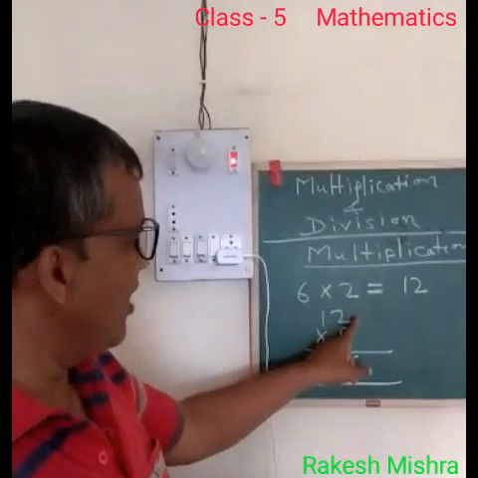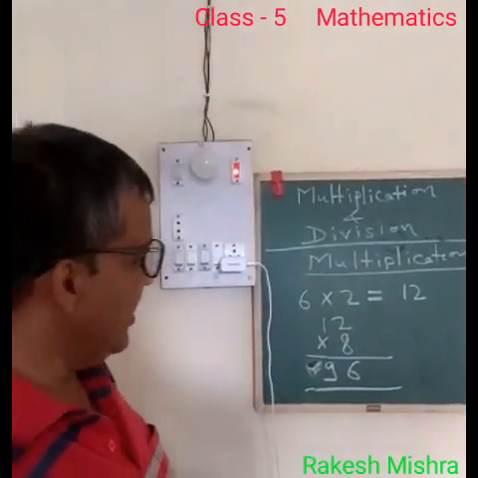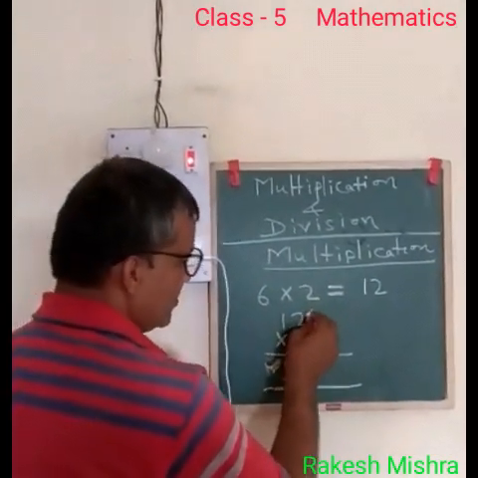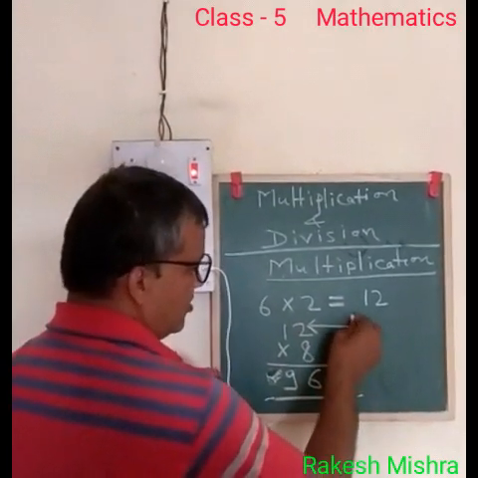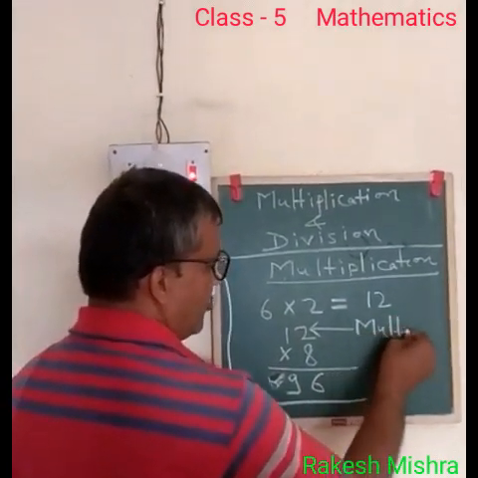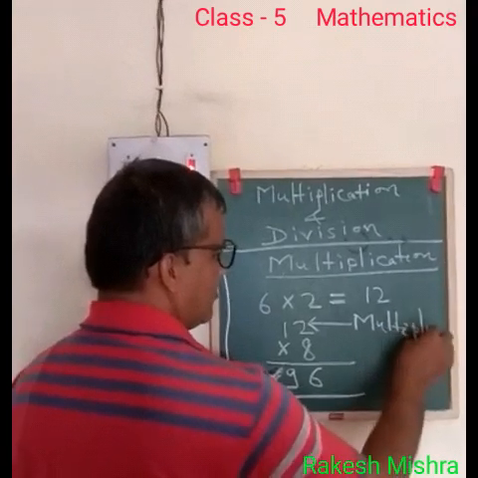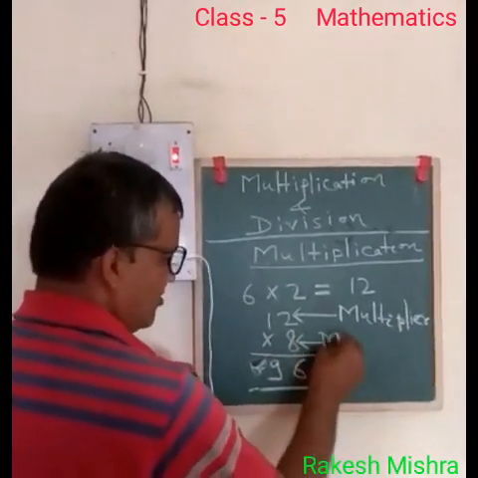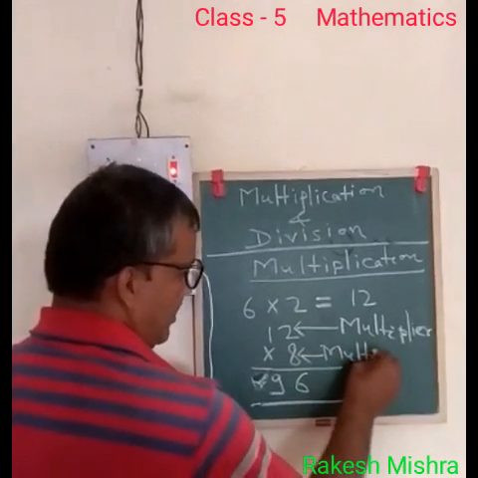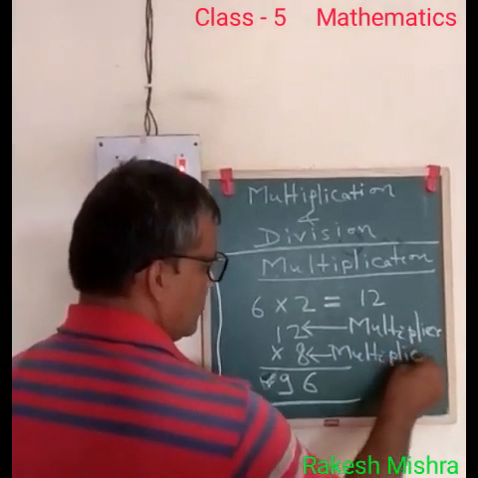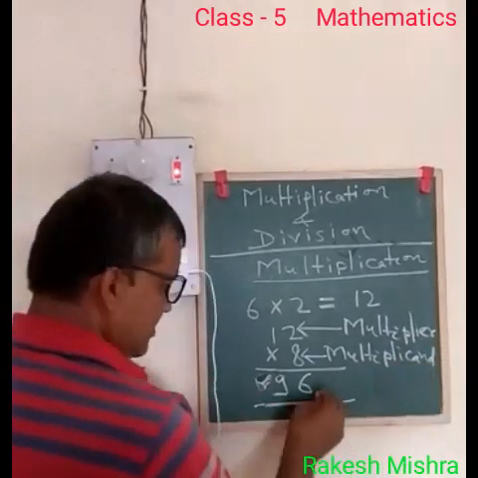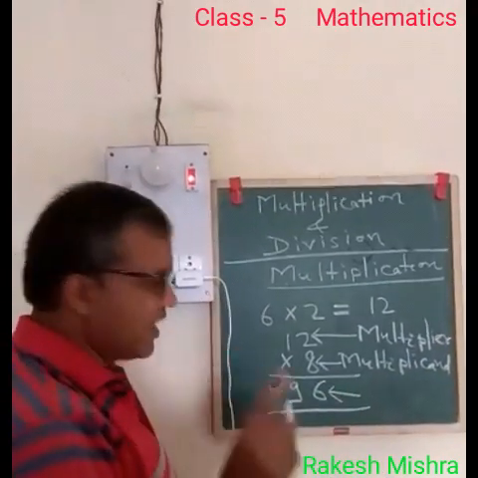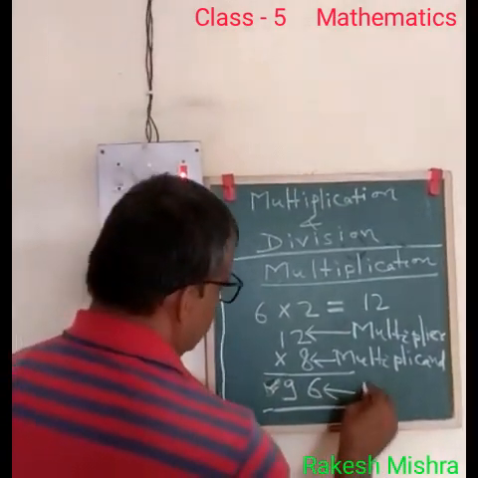multiplication of 12 and 8. Here 12 is called multiplier and 8 is called multiplicand, and this result of multiplication is called product.